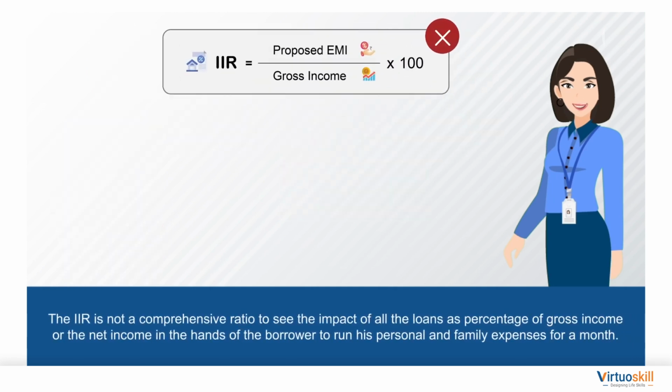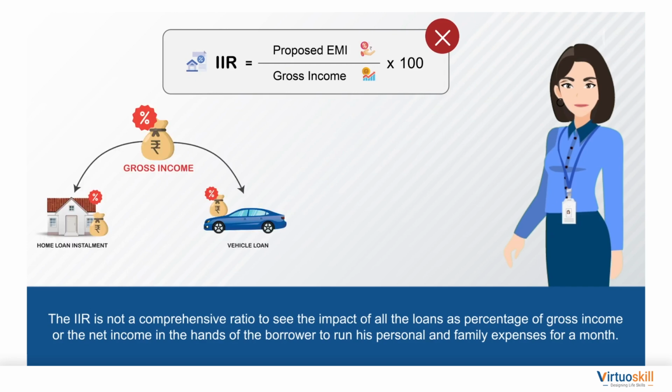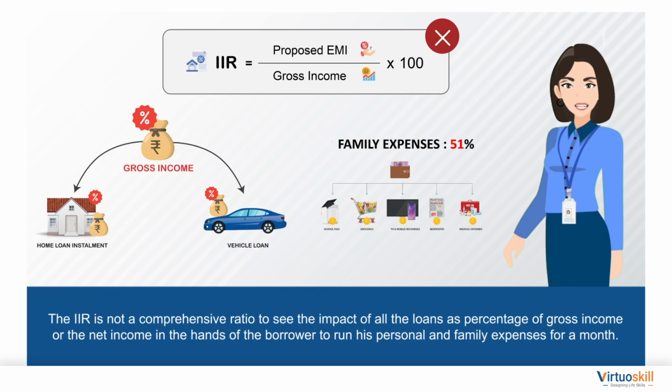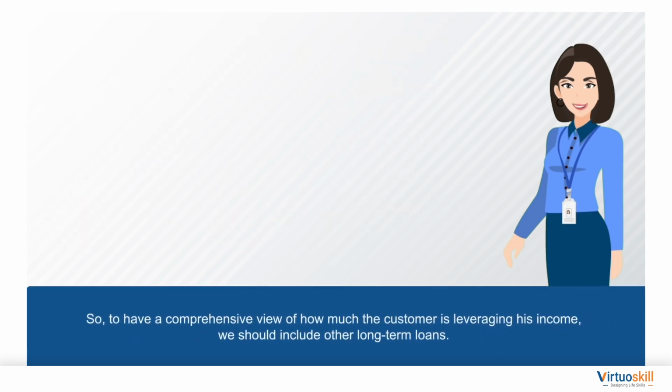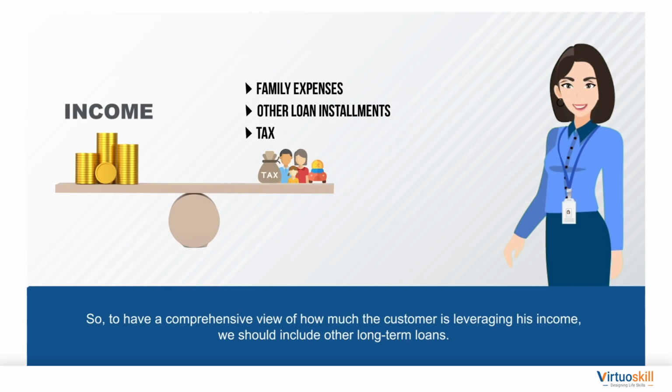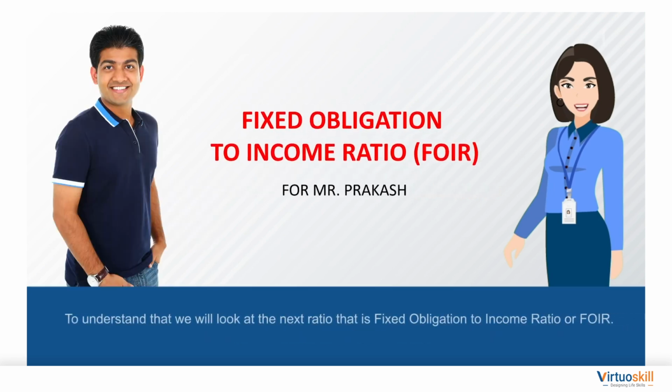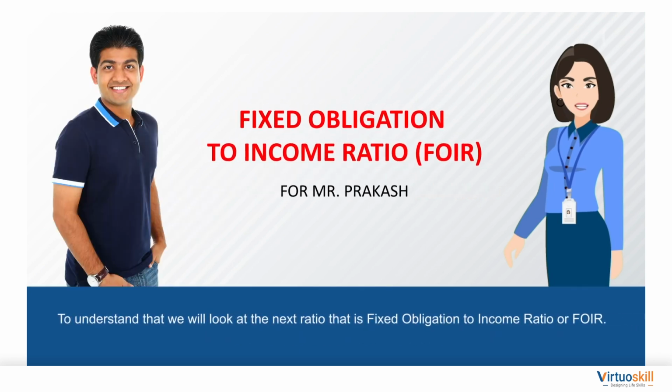The IIR is not a comprehensive ratio to see the impact of all the loans as percentage of gross income or the net income in the hands of the borrower to run his personal and family expenses for a month. So, to have a comprehensive view of how much the customer is leveraging his income, we should include other long-term loans. To understand that, we'll look at the next ratio, that is, fixed obligation to income ratio or FOIR.